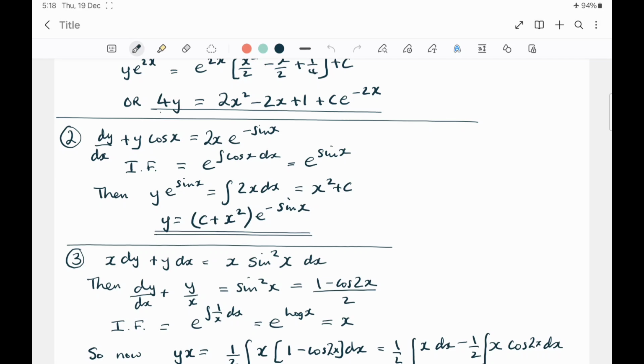The integrating factor here will be e to the integral cos of x dx, which is e to the sine x.